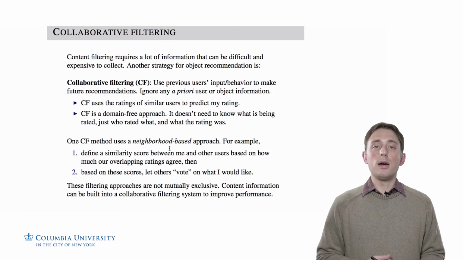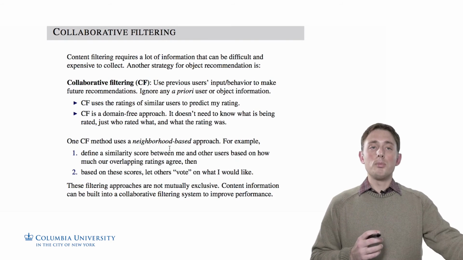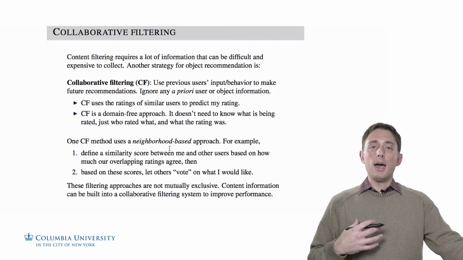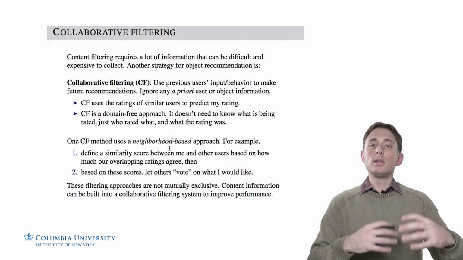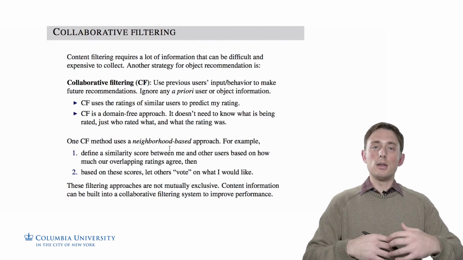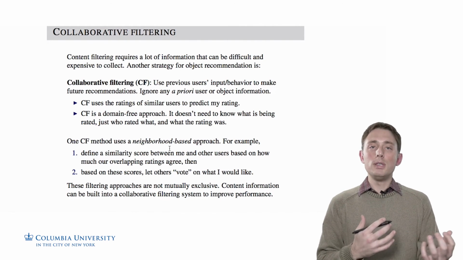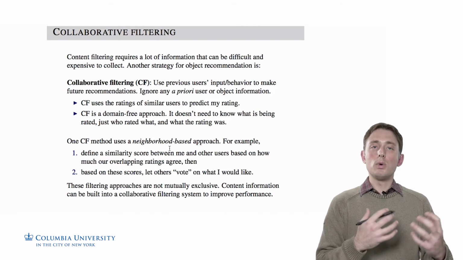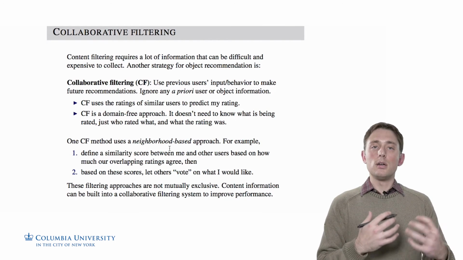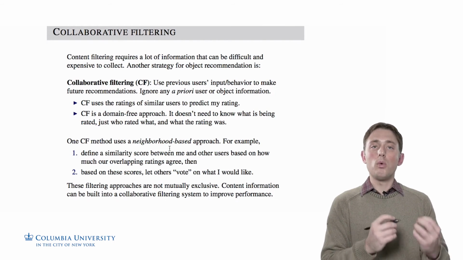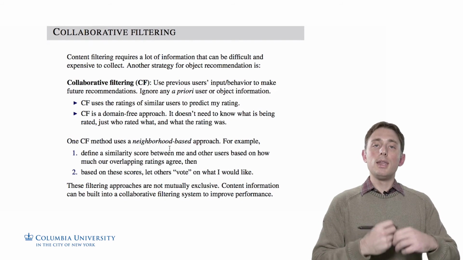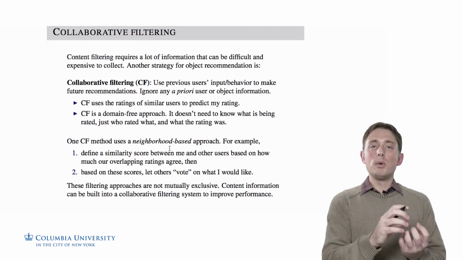A way to do that would be for me and another person to ask how many objects, so let's talk about movies to make it concrete, how many movies have we both rated? So what's the overlap of our ratings in terms of the movies that we both have watched and rated? And then given that overlap, how much do we agree?